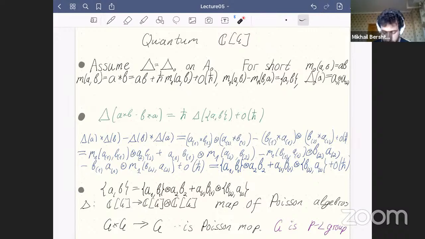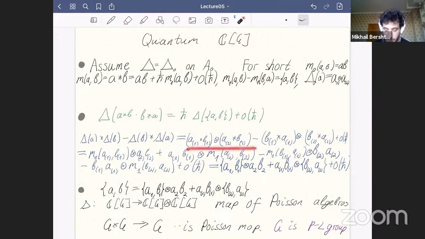Now for each of these products, I substitute this formula. So this is ordinary product plus H bar times M1. If I get everywhere ordinary product, so we get zeroth order in H, then I get 0, since ordinary product is commutative, so all these terms will lead to the same. If I take everywhere first order, I get second order, so it will be hidden here.